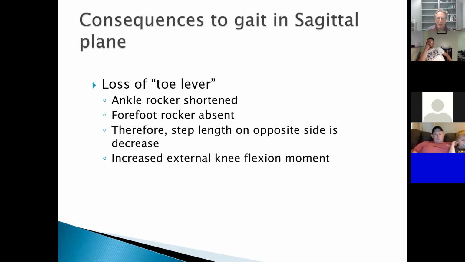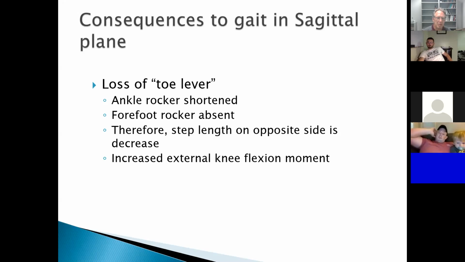The problem with a transmetatarsal amputation, and this is actually even true of a hallux amputation, which is pretty common too, is a loss of what's called a toe lever. And I'll describe that more on the next slide.